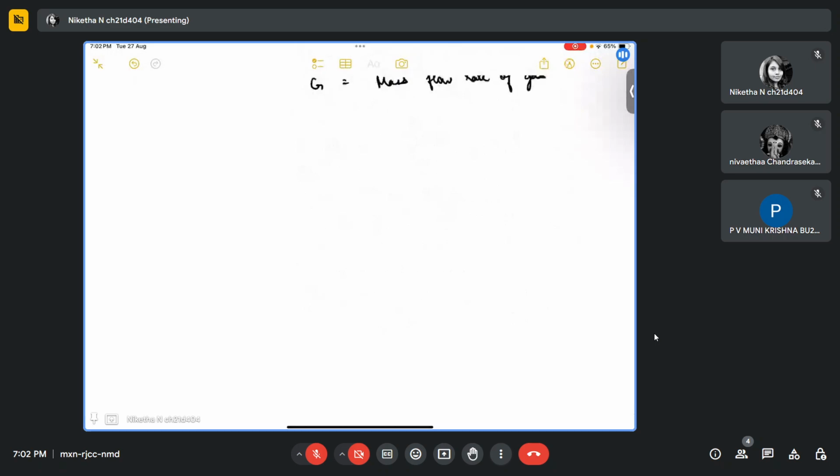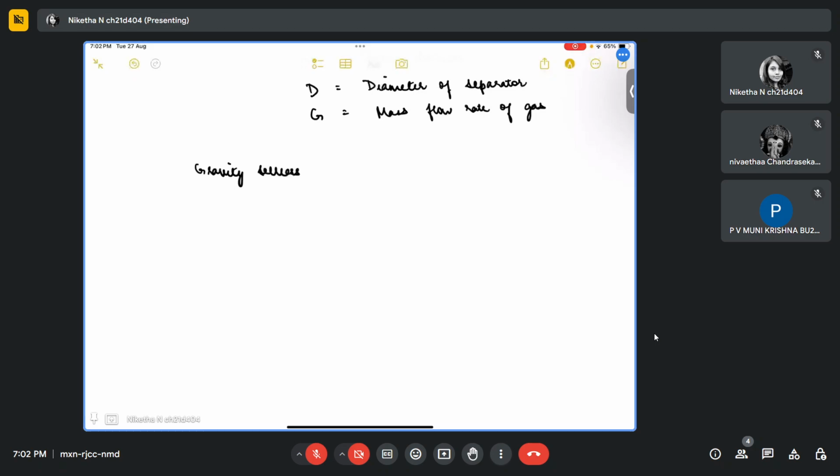So when we compare different removal methods, gravity settlers need large space, and the advantage is that they have a low pressure drop.